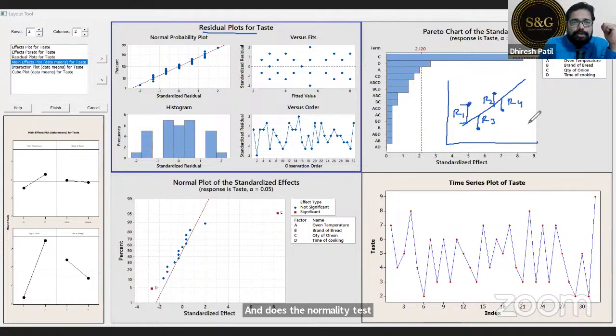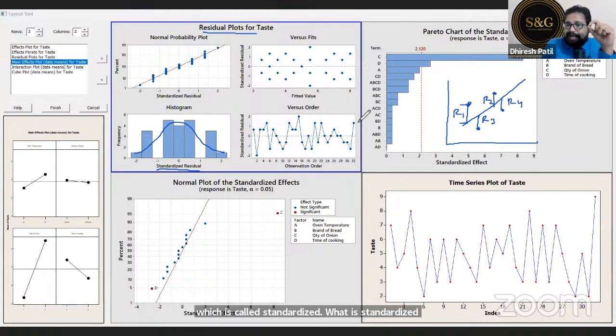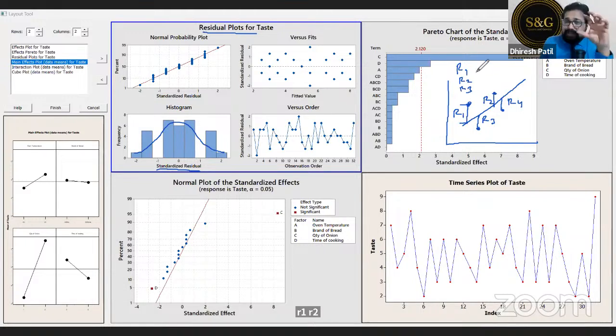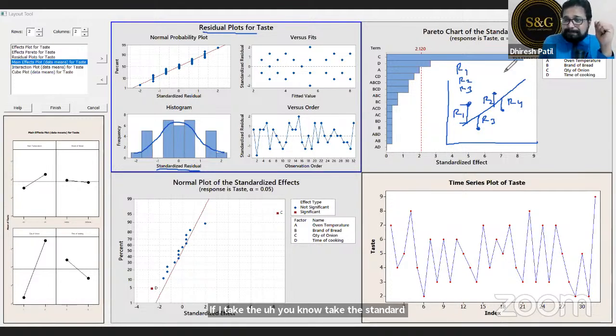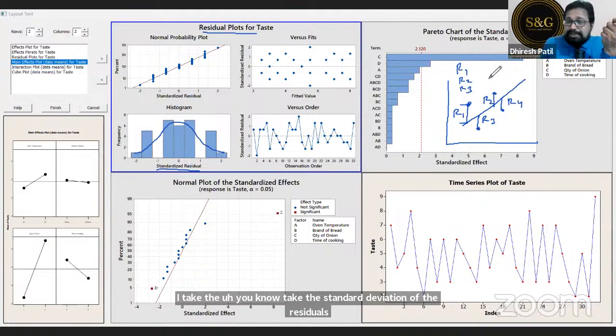Okay. So here you can see they plot the histogram of residuals, which is called standardized residual. What is standardized residual? Let's try to understand this. R1, R2, R3, etc. All these are residuals, right? If I take the standard deviation of the residuals, that will be called the standard deviation of the residuals.